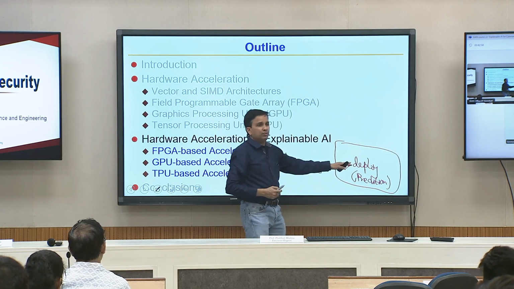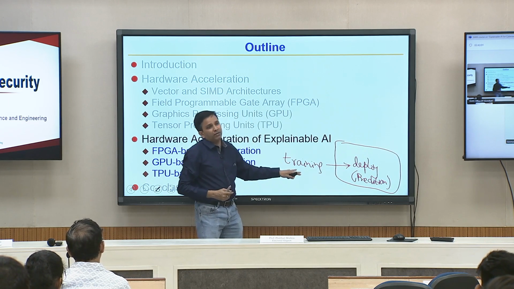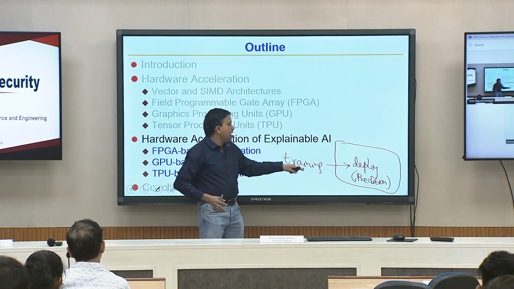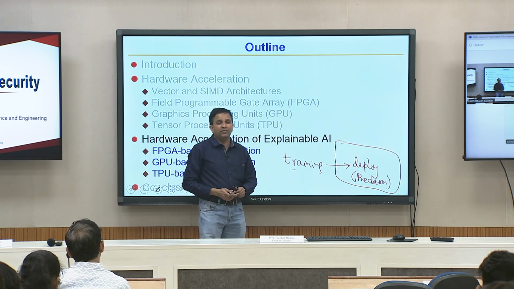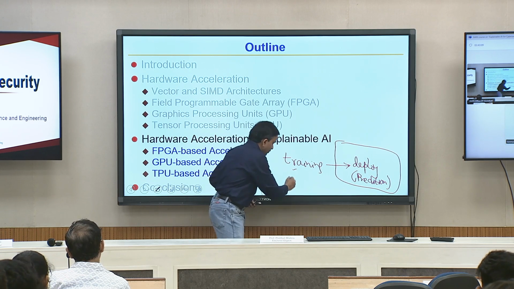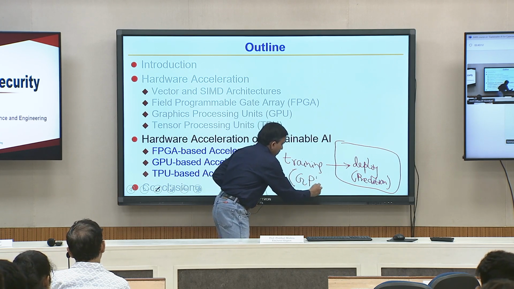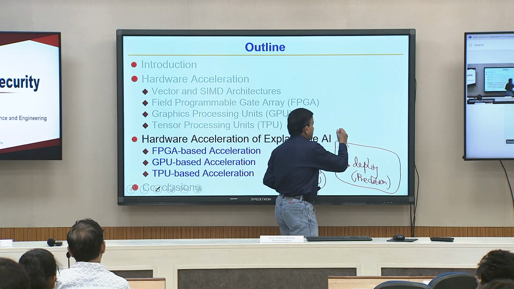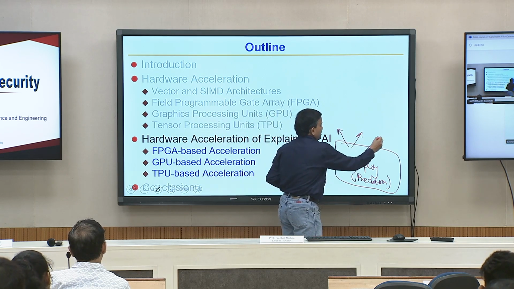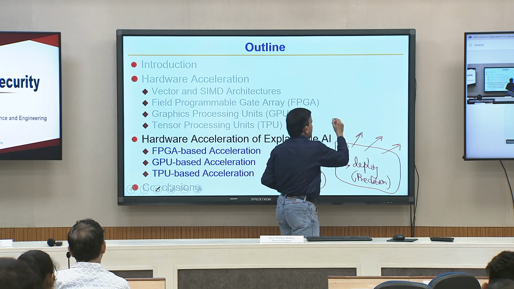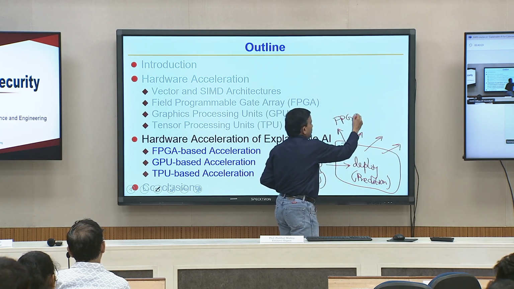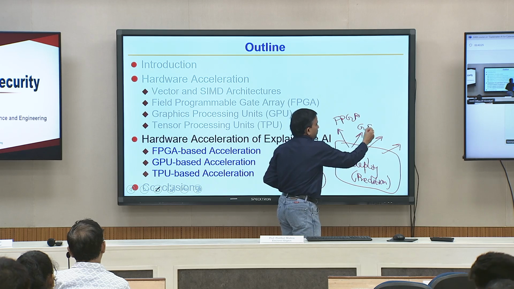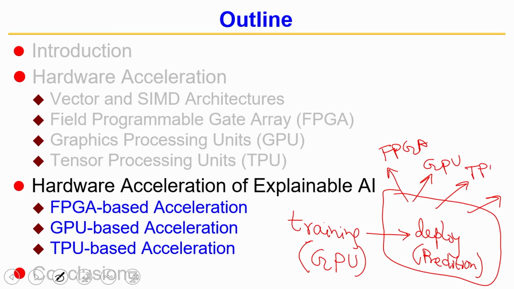You accelerate this one because mostly nobody cares how much time, how much effort, how long you take in the training time, and training today is de facto on GPU. But for this deployment or prediction we talked about various choices: FPGA, GPU, TPU and all that stuff, and it is quite possible eventually these also will be default.